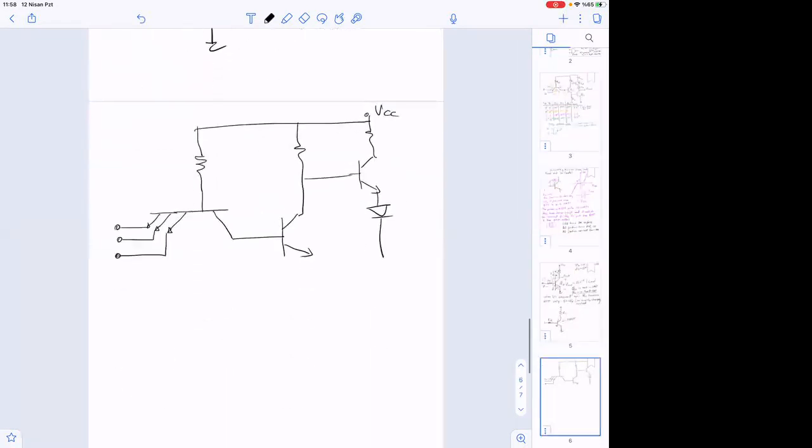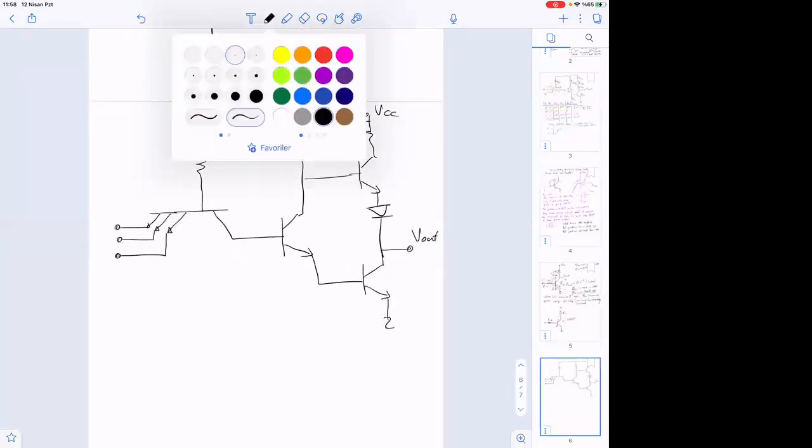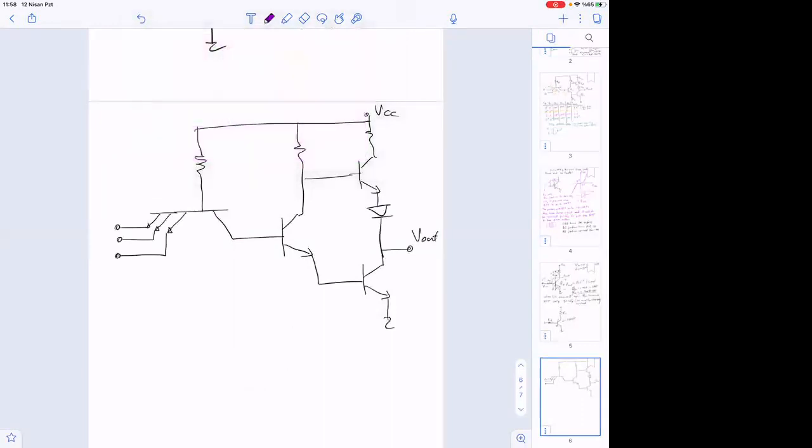So when we look at our TTL, we select this transistor to be Schottky barrier, this transistor to be Schottky barrier transistor, and of course we have this, let's say RD.